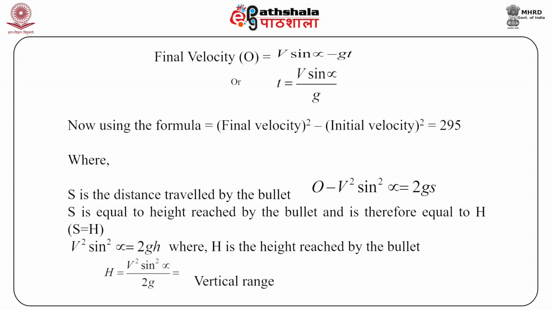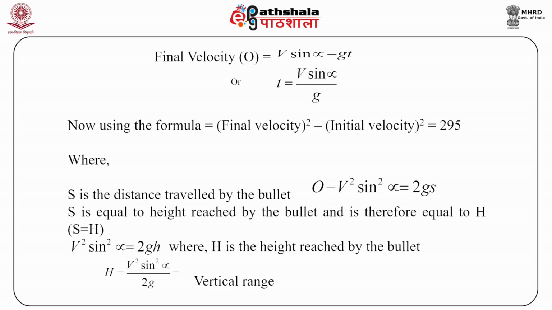Now using the formula, final velocity square minus initial velocity square is equal to 2as, where s is the distance travelled by the bullet, 0 minus v square sine square alpha is equal to 2gs. s is equal to the height reached by the bullet and is therefore equal to h.